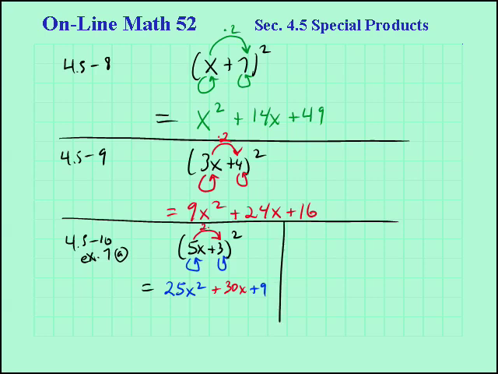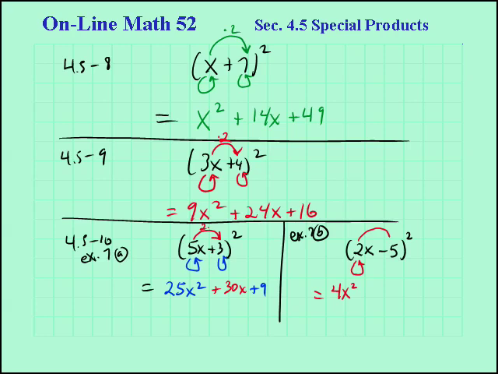And same page, example 7b this time, is 2x minus 5. Now, I haven't done any of these, you see they're all positives, but here's one that's got a minus sign. It says 2x minus 5 squared. And again, we'll multiply 2x times itself. 4x squared. 2x times 2x is 4x squared.